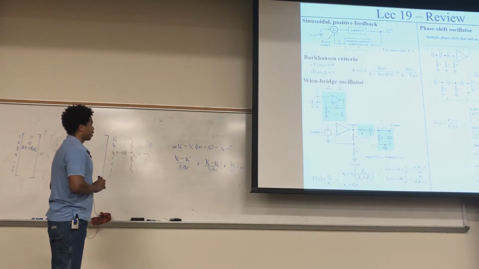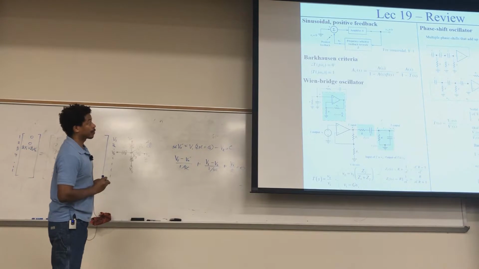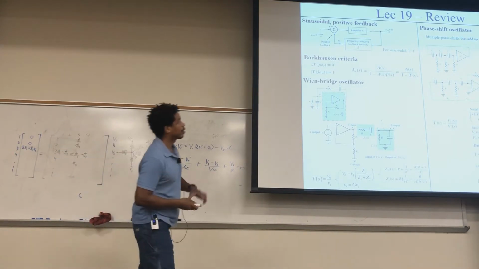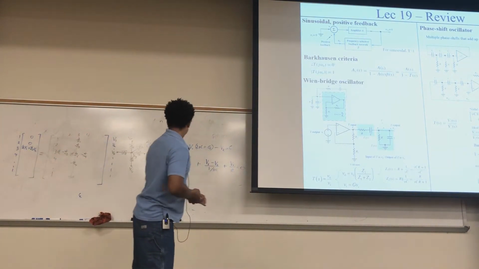It'll look like that for one of the KCLs for that particular node.